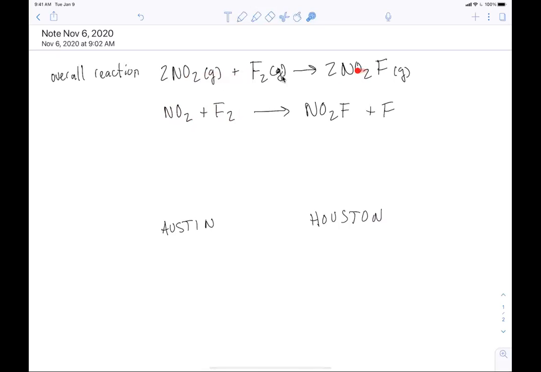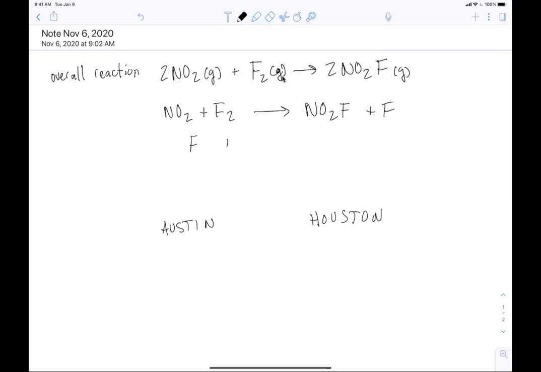But you'll notice that we're not writing out the final product here, which is formed as an intermediate. This fluorine here is an intermediate, right? So we're not actually at the end of this reaction. This is an intermediate step, or the first step in the series of steps from the reaction mechanism.